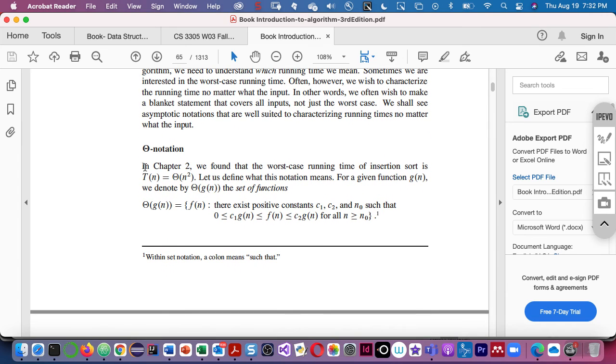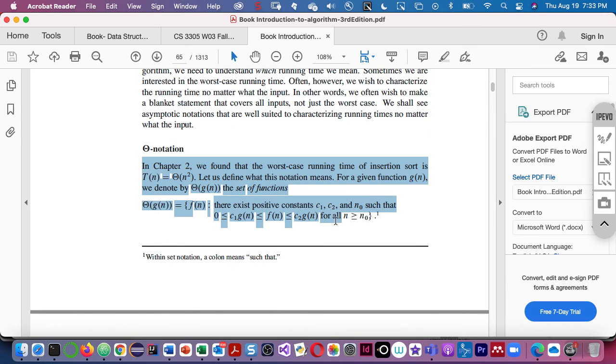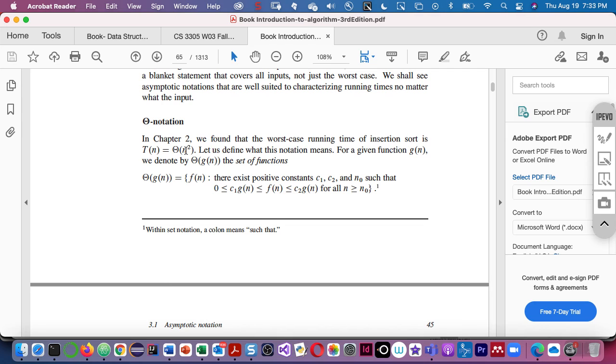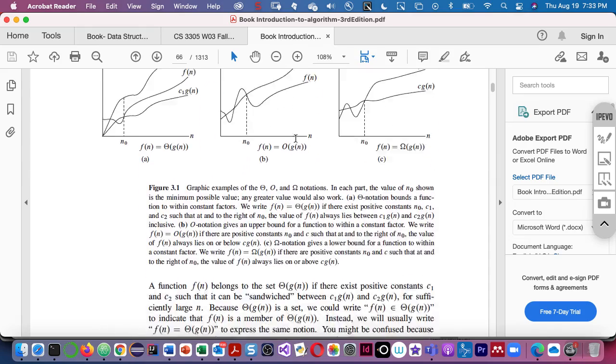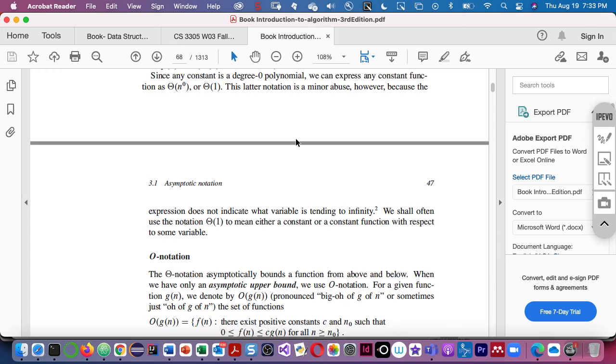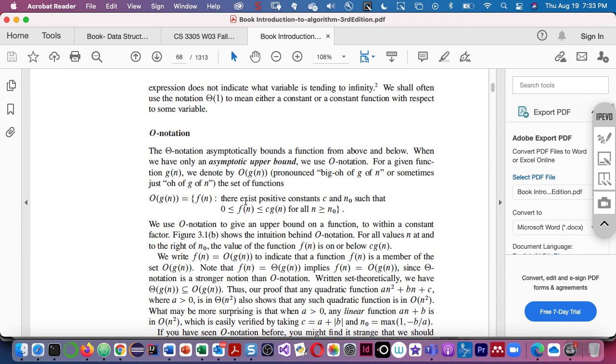In a test you will be writing this kind of definition. This is the definition of big O, how much time it takes in the worst case running time. Then there is something slightly opposite.